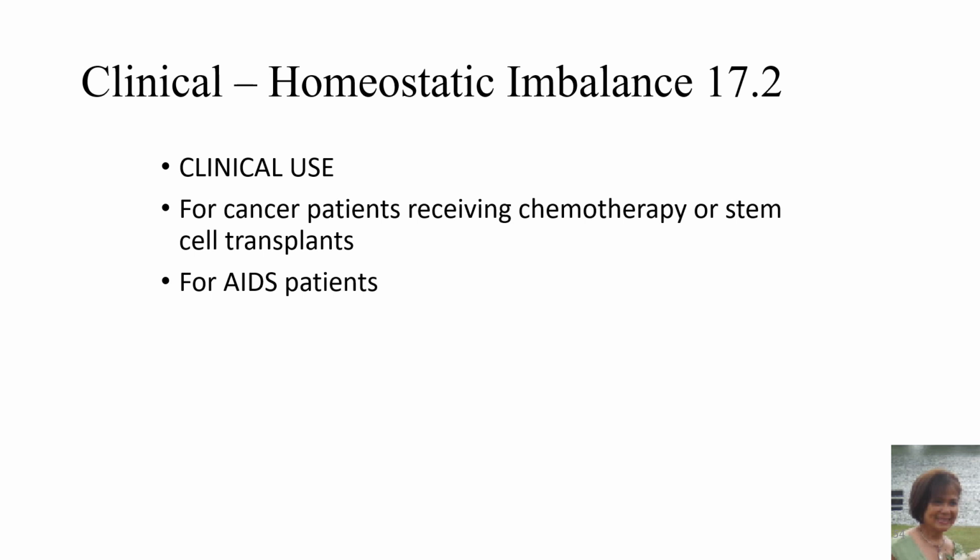For these stem cells to produce the type of blood that they need to produce, these particular hormones are being injected to them. And also for AIDS patients, they are used to increase protective immune responses.